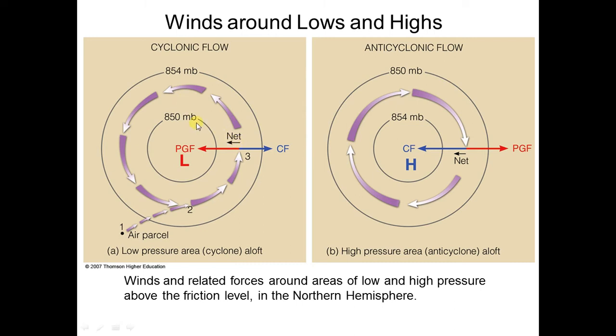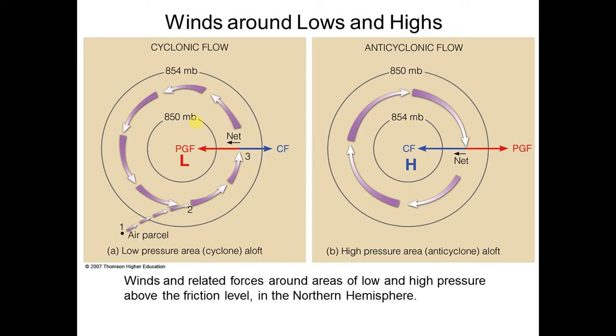You know what you call that net inward directed force that results from an imbalance between the pressure gradient force and Coriolis force? That is the centripetal force. So the centripetal force is actually the result of an imbalance between the pressure gradient and Coriolis forces. Without those two forces existing, it wouldn't exist.